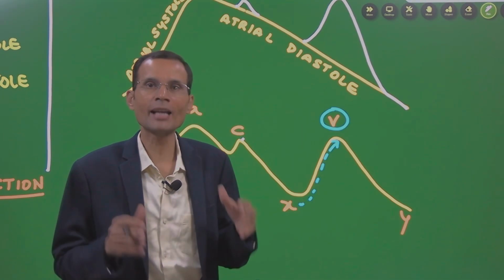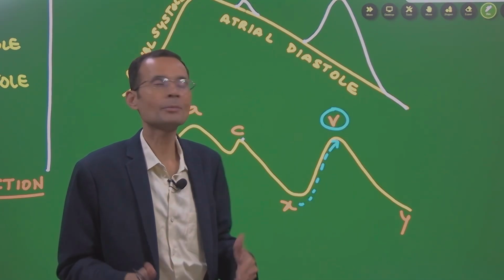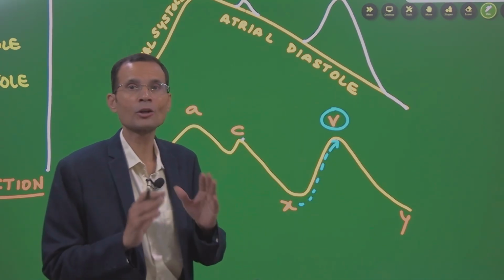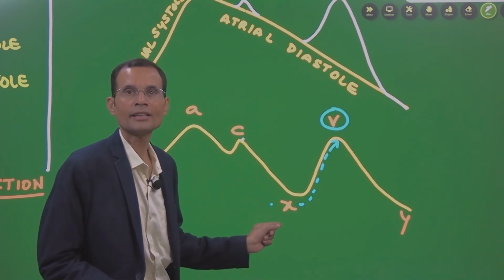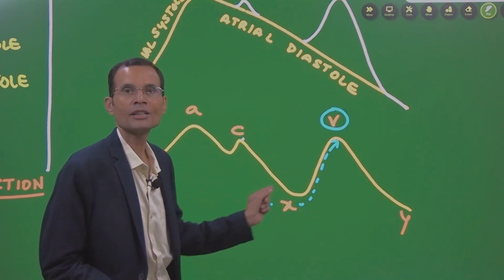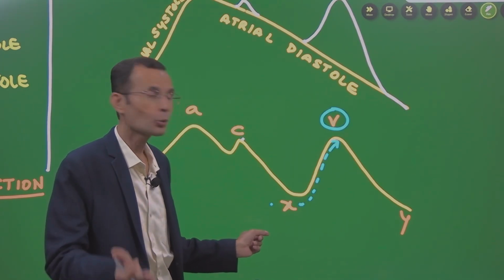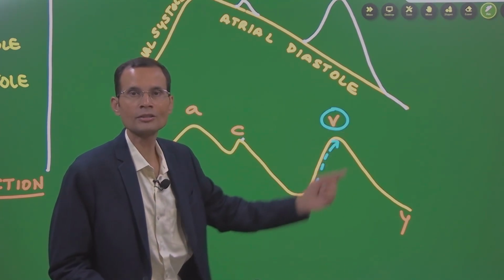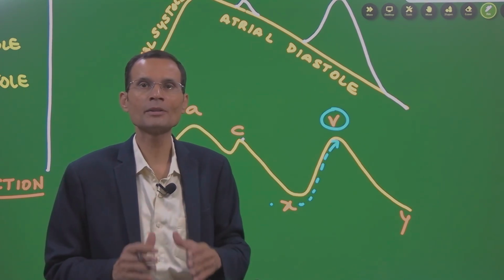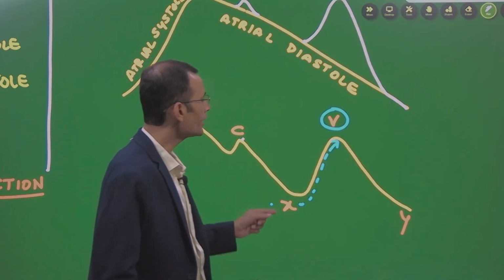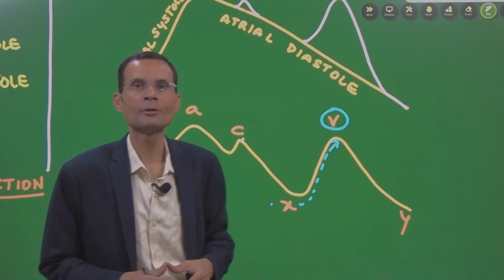So isovolumic relaxation. And why did it happen? It's because of the closure of the pulmonary valve at the end of the X descent, at the end of the ventricular ejection. Pulmonary valve closes and then this period occurs. So the answer was closure of the pulmonary valve, which happens between the X and V wave.